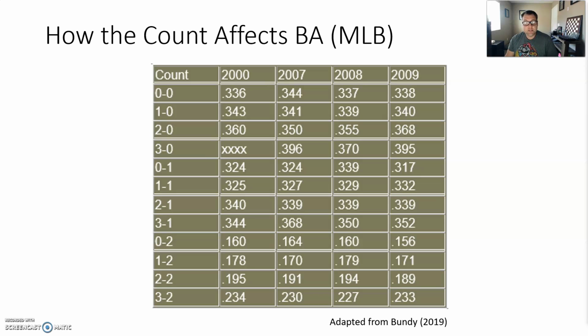But if you look statistically, it's about on par with 2-0. Anytime you start adding strikes in, you see the batting average drops off pretty dramatically, especially when you get to 2 strikes.